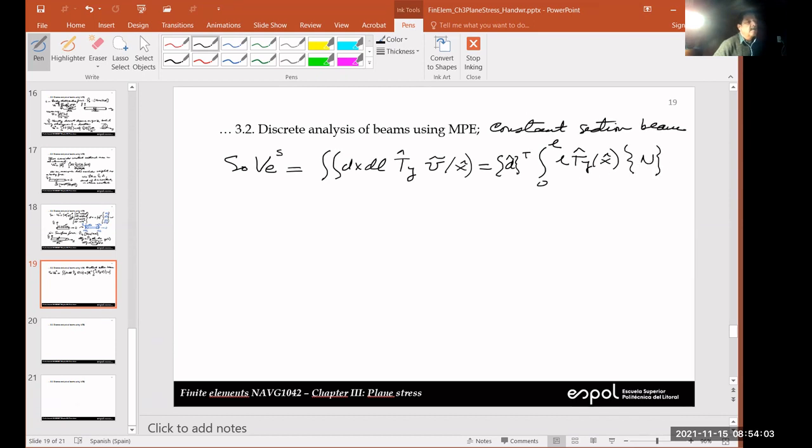So this is a vector, remember, this is 4 by 1, and this is force per unit length, so we can express this as P there.